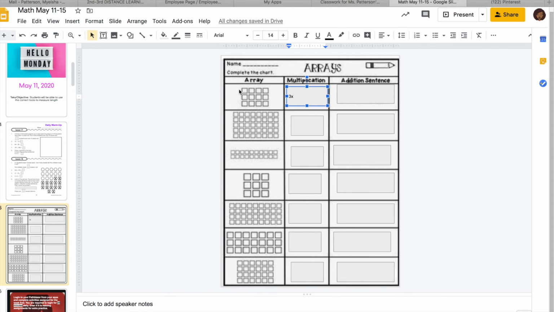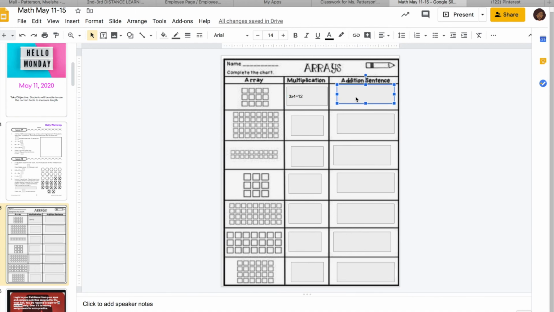What do we count next? We have to count our columns that go up and down. So now let's count. 1, 2, 3, 4. So 3 times 4 equals, what does it equal? 3, 6, 9, 12. Now it wants an addition sentence.